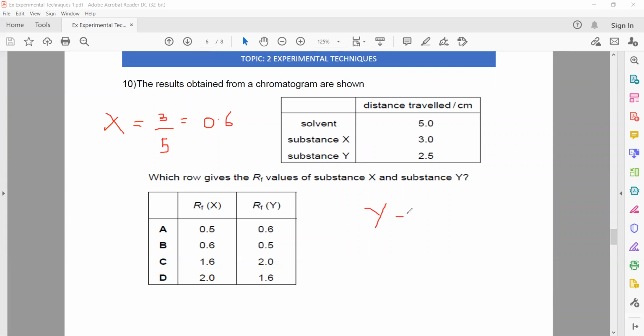Substance Y moves 2.5, as you can see written here, divided by the distance moved by the solvent, which is 5. So 2.5 divided by 5 is equal to 0.5. That is why B is the right answer, that X has 0.6 and Y has 0.5.